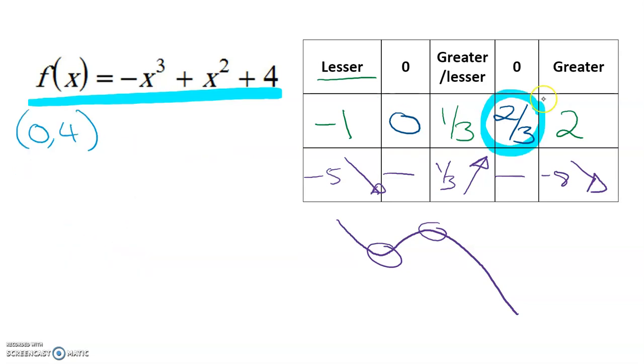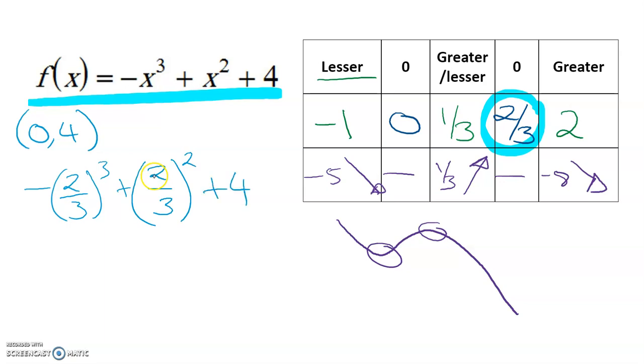And now we're going to do the second one of 2/3. So substituting that into our original function. And that gives us 112 on 27, or for those who prefer decimals, it's 4.15.